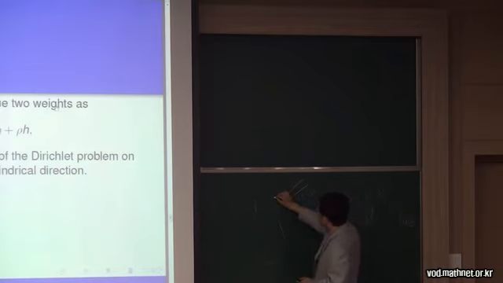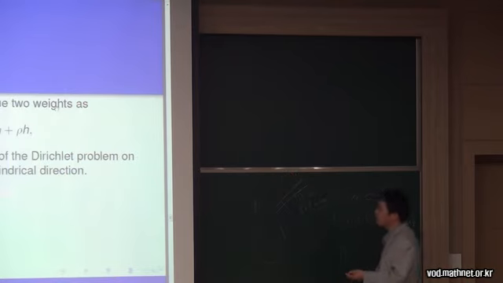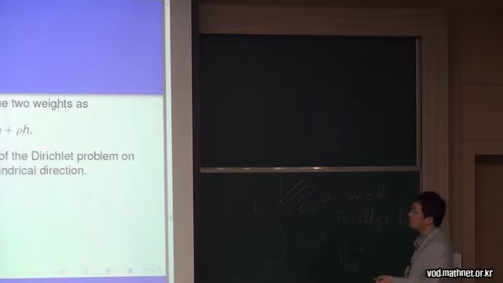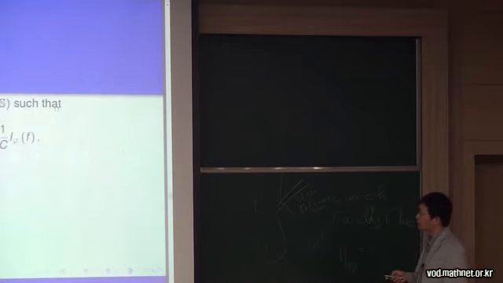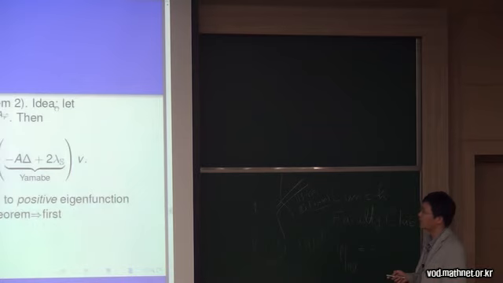In this direction we have the linear function here, and we use a cutoff function to glue these two functions together to produce the weight function. It is easy to see that this function phi satisfies condition 6 and condition 7. So we can solve the Dirac equation on manifolds with cylindrical ends.